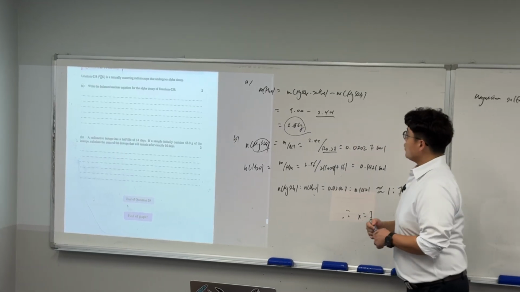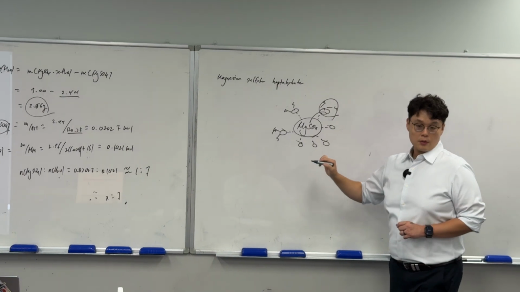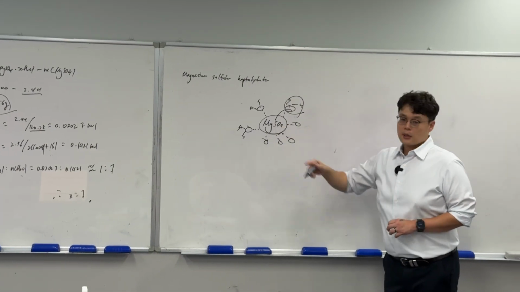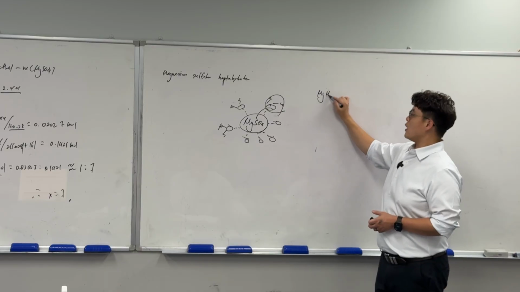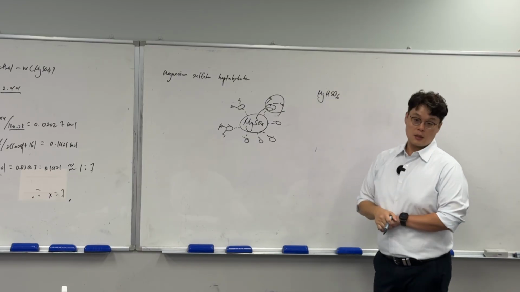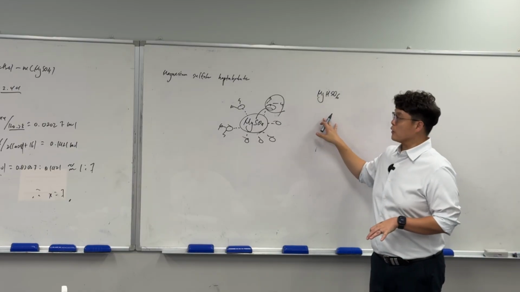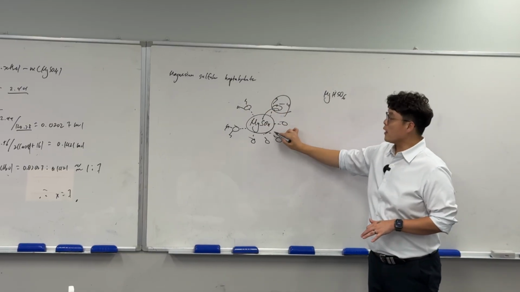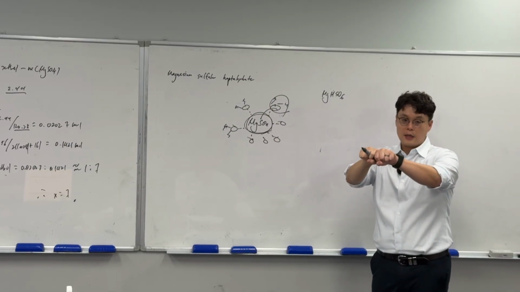The reason why we separate it is that if we have water inside the MgSO4, we could write it as MgH2SO6, but we can't do that, because MgSO4 is supposed to be MgSO4 itself.